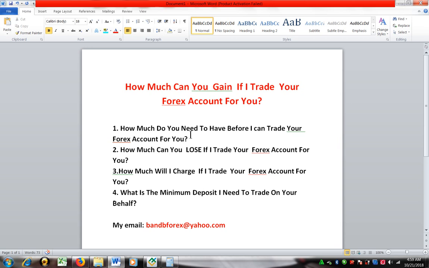Because if we have less than that, I will not be able to apply my trading system strategy. So when we have a minimum of $500, it gives me the ability to trade using my strategy, and it allows the system to breathe without dying prematurely. So you cannot lose more than 20% of your trade account in aggregate, even in the worst scenario when I'm using my trading strategy.